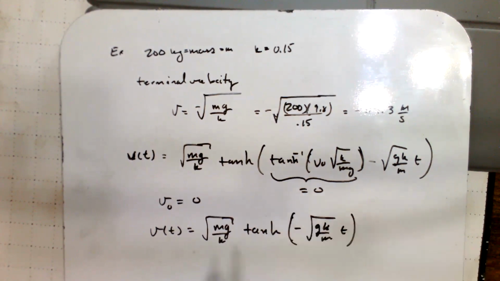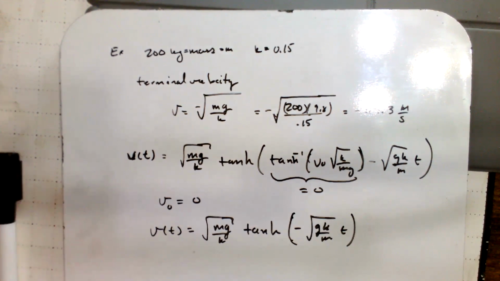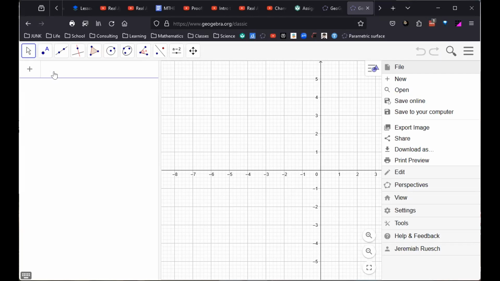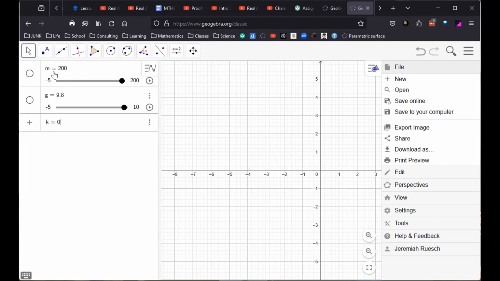Okay. All right, let's go ahead and jump over to GeoGebra and we will take a look at what this function looks like. Let's define the quantities. So m is equal to 200, g is equal to 9.8, k is equal to 0.15, and then we can just plug it in.